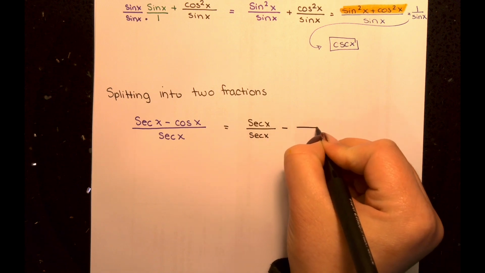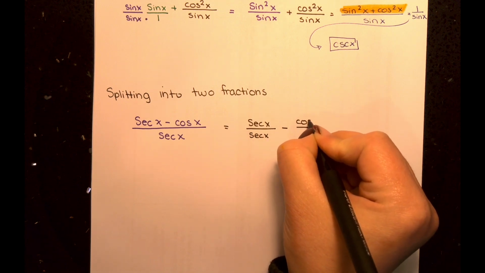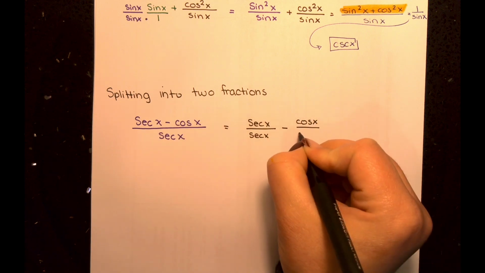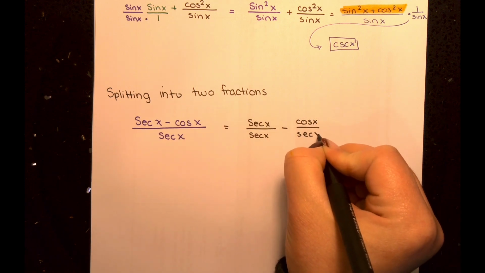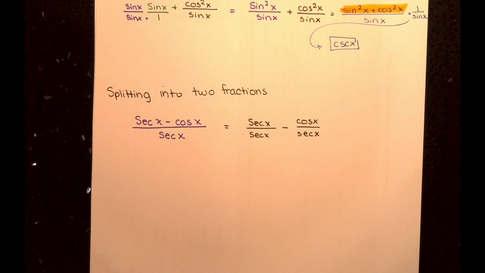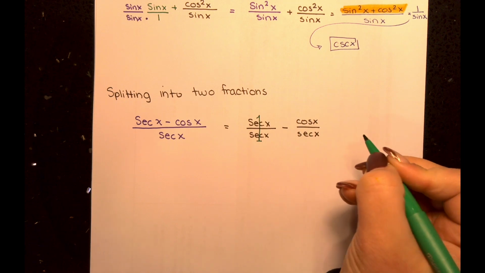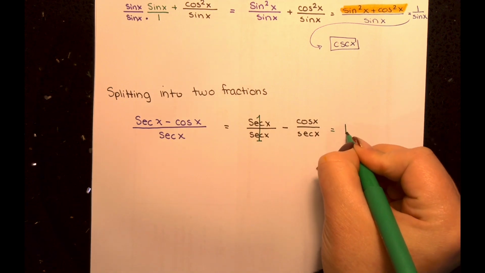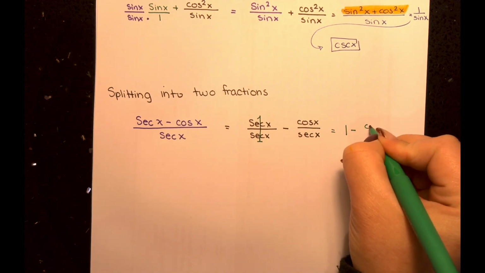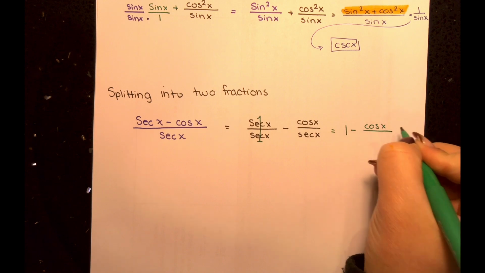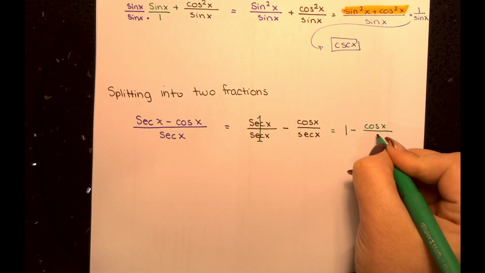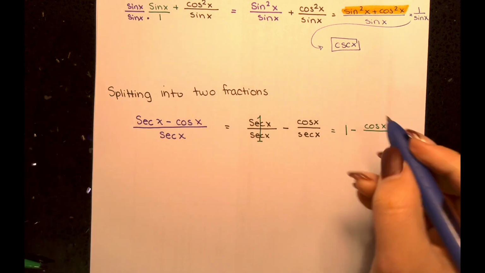It's kind of like undoing the addition or subtraction that has been done when they combined the numerator. So we have secant of x over secant of x minus cosine of x over secant of x. Now secant over secant, we know this is just 1. So we have 1 minus cosine of x over secant of x. Secant has a relationship with cosine, so we have 1 over cosine.